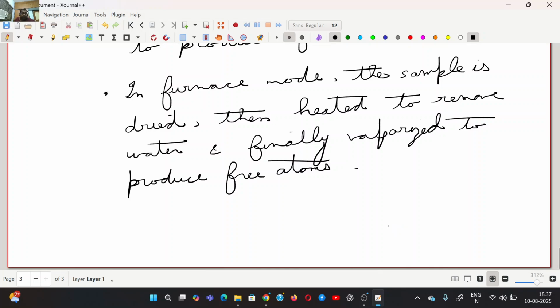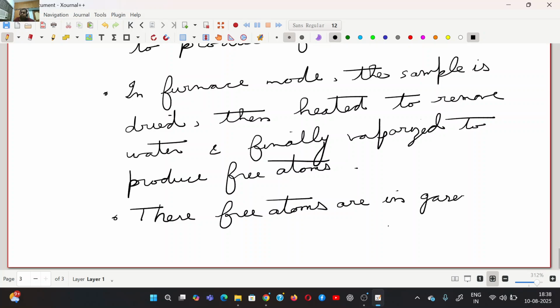Fine. So these free atoms that are produced by either of these modes are in the gaseous state. They can interact with light.